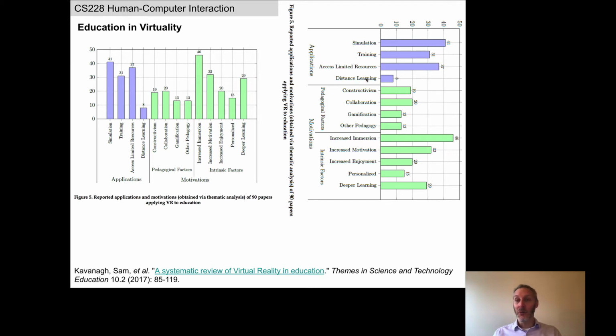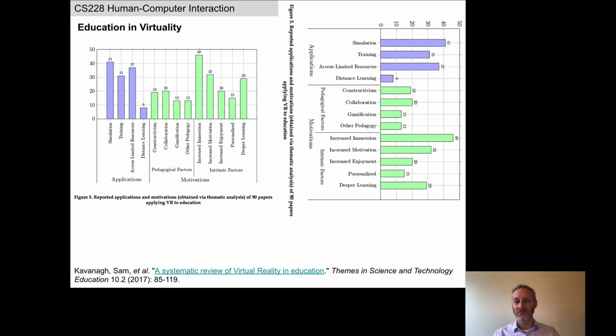If everyone's at home, and assuming everyone has a heads-up display, which we don't yet, maybe virtual reality is particularly useful for distance learning. I don't know about you, but it's sometimes challenging to teach and listen through a whole bunch of Zoom and Microsoft Teams meetings. It would be great if we could all meet in a virtual space and teach and learn together in that virtual space.